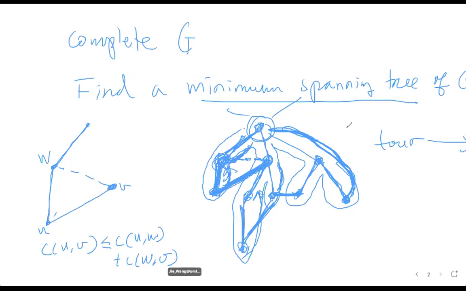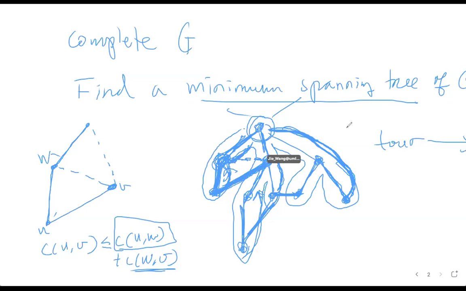This is in the tour because this edge, you're going back, you backtrack. And this WV is not in the tour, but then you do it again, because this edge, you're supposed to visit twice also.